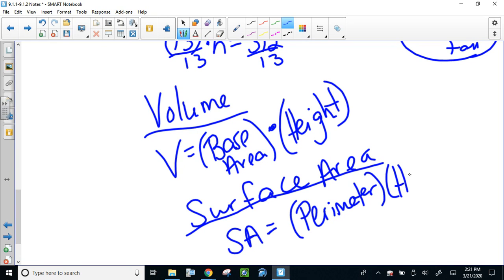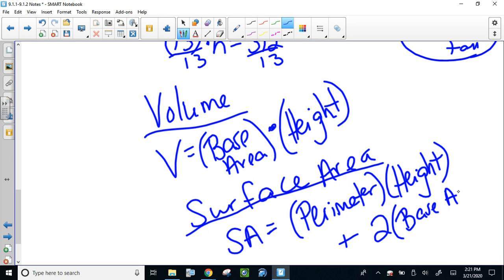So we could say our perimeter times our height. And then we would have to add in the top and bottom, so the base area. The top and bottom are going to be the same on a prism. So we could say 2 times the base area, because the top area and the bottom area would be the same. And so that would be 2 quick takeaways we can have for this.